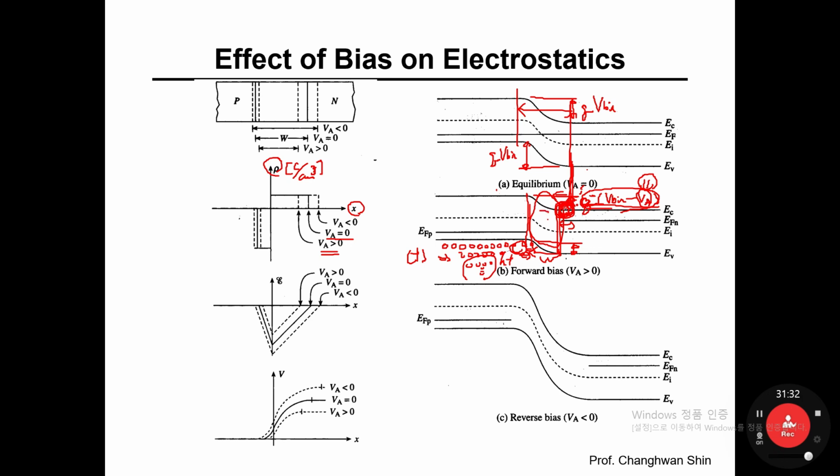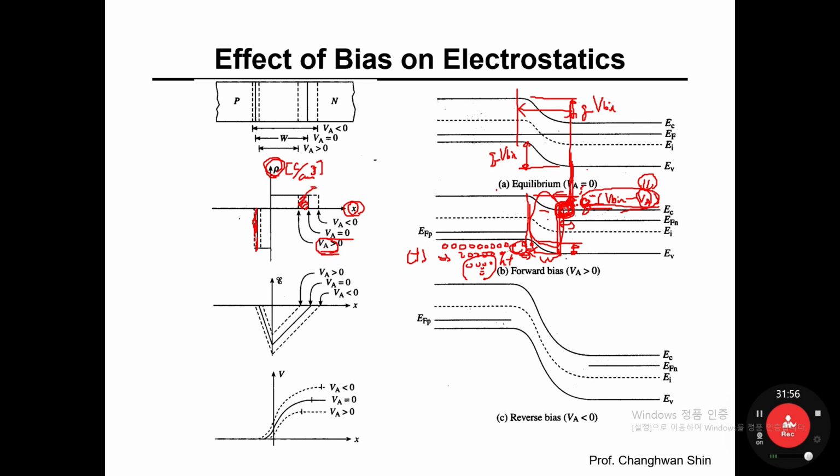barrier height. Okay, so in terms of the charge density block diagram, rho versus x, once a forward bias has been applied across the PN diode, this area would be compensated with electrons and that area would be compensated with holes.